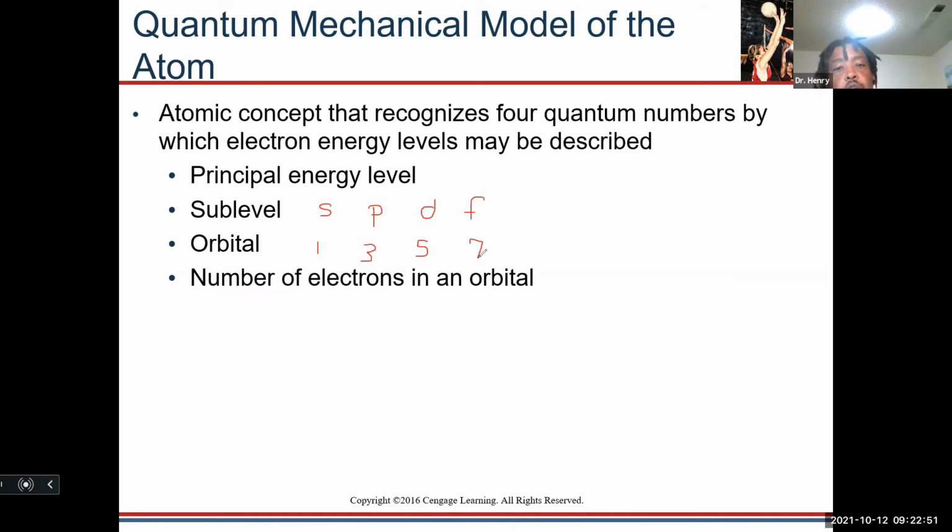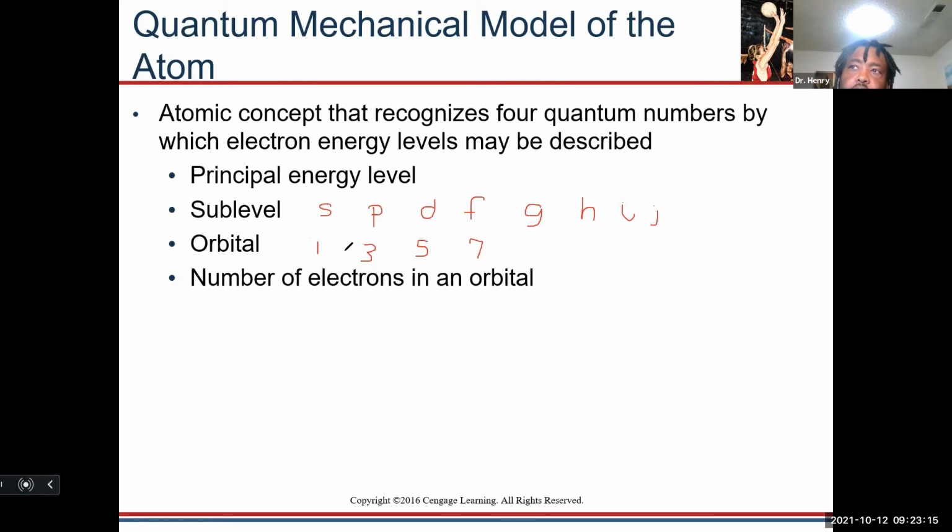Now, the way quantum works is it's set up so that if the periodic table gets bigger, we get bigger in terms of what we use. So we have the S, the P, the D, the F, and then it would be the G, the H, the I, the J, right?